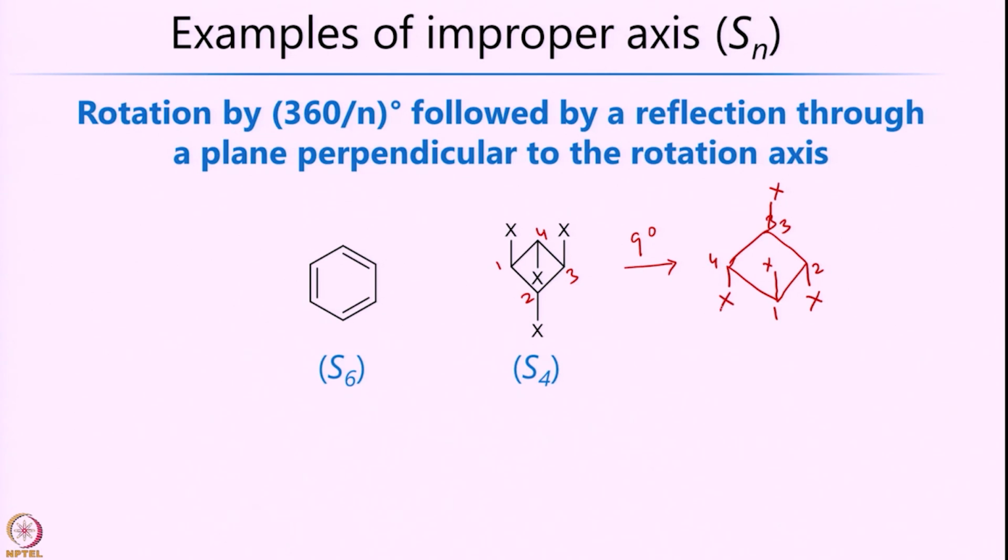Now I have done a 90 degree rotation here. Now what I will do is put a mirror plane here. If you put a mirror plane, you would end up with something like this. Now this would become, and this will come here.